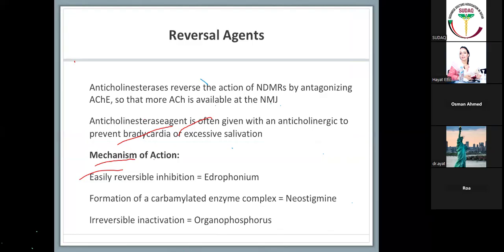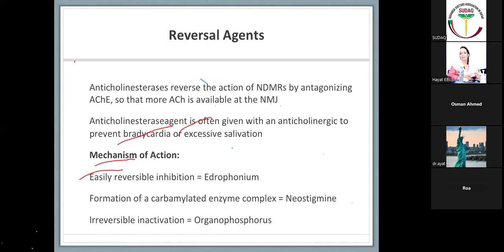We come now to the reversal agents, and we will just take this very quickly. From our knowledge of the muscle relaxants, to reverse them we need to increase the concentration of acetylcholine at the neuromuscular junction. Then the acetylcholine will take over and the neuromuscular junction will be back to its normal function.